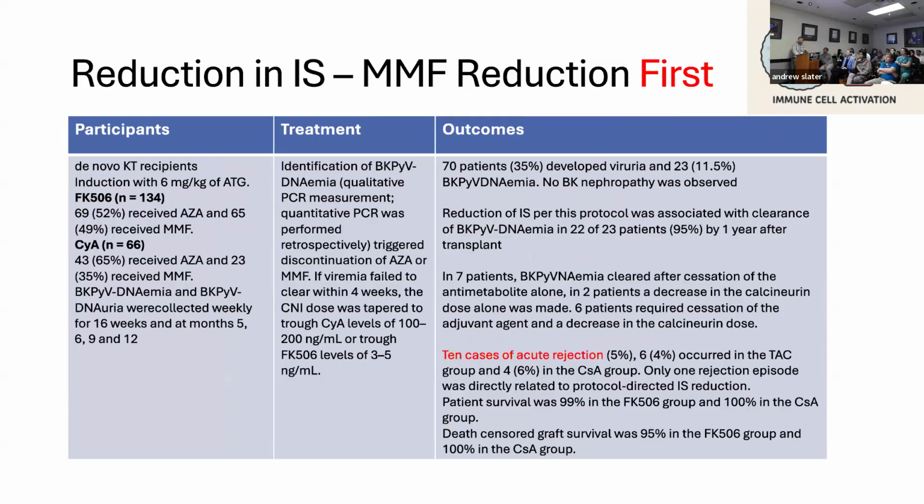Because they're all going to report how many developed viruria, how many developed DNAemia, what was the associated clearance, how many developed graft loss, and then what was the rate of acute rejection. So my point basically is that it's hard to navigate, right? But you have studies like this that support it if your center wants to go the route of anti-metabolite reduction first in how they combat BK virus disease.